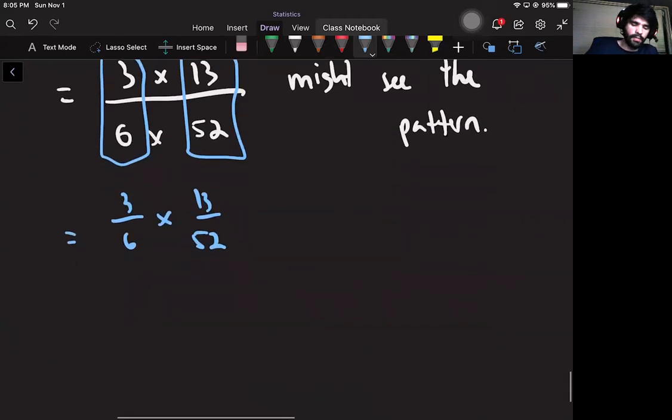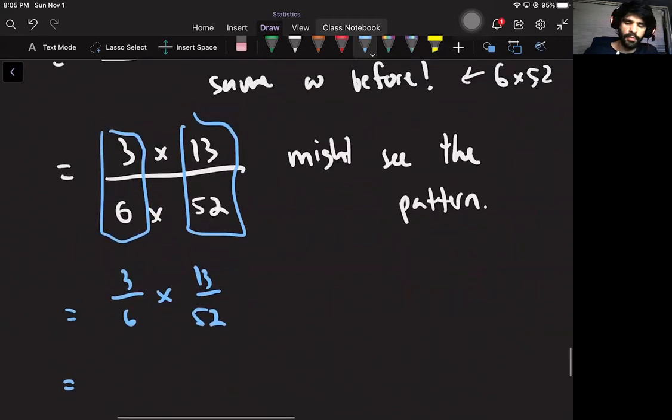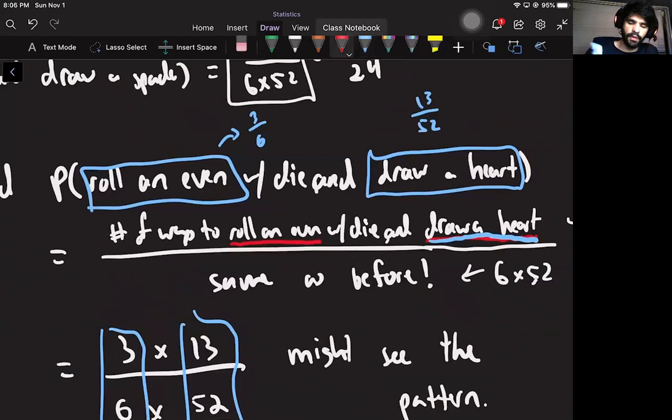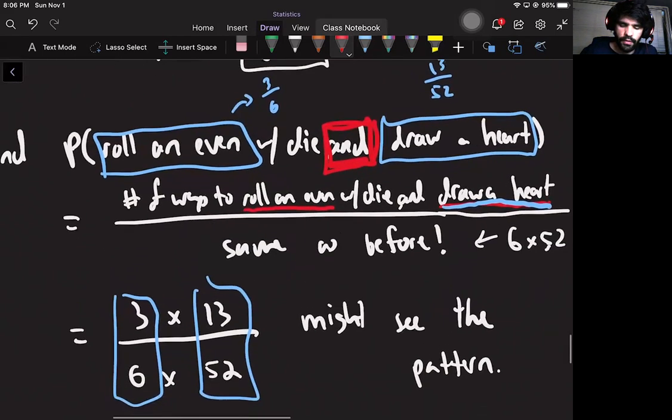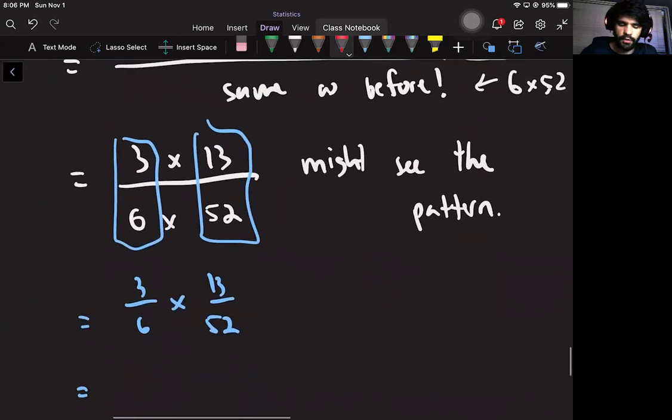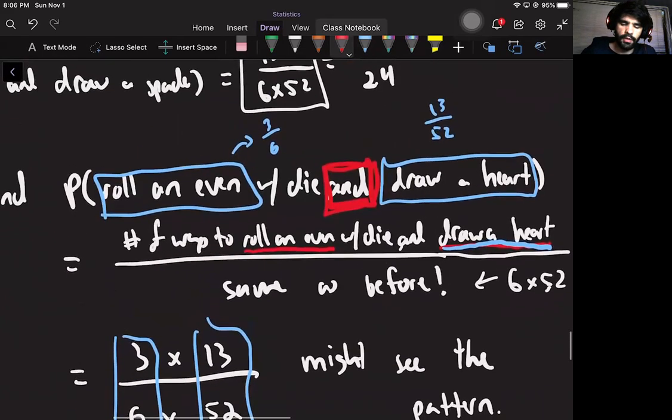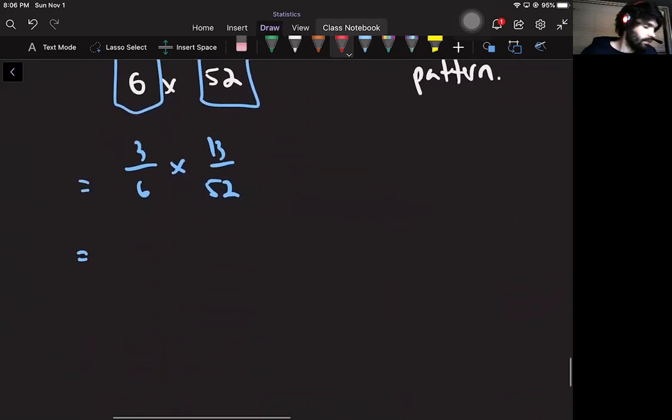And now I'm going to translate it back to words to see what this is really saying. This is really saying that to calculate this probability of rolling an even and then drawing, the keyword is and here, and then drawing a heart, all I have to do is calculate each probability separately and then multiply them together.